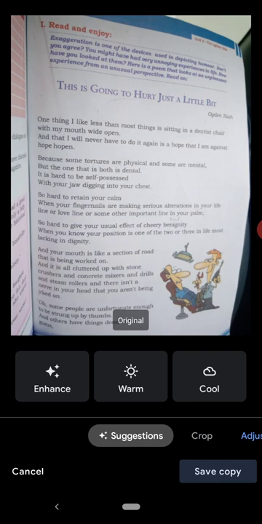That means pain. So it is hard to retain your calm when your fingernails are making serious alteration in your life line or love line, some other important line in your palm.